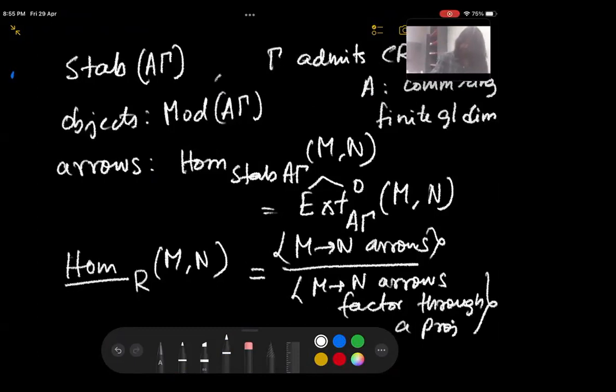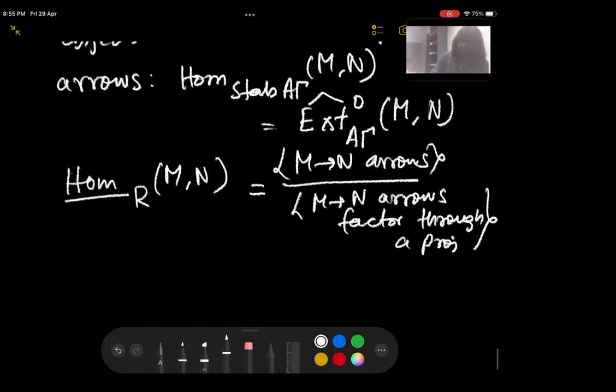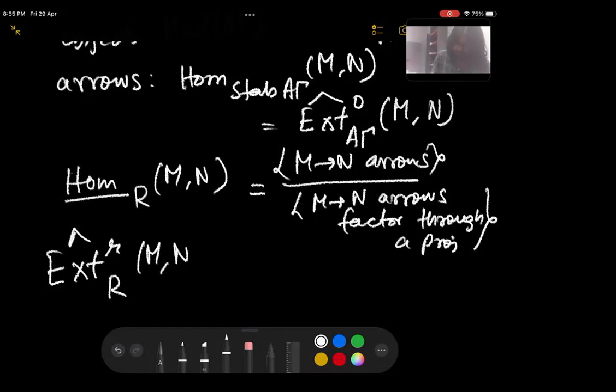For finite groups, this is the hom set in the stable category. But here, we first define this guy, X hat R over any ring, MN.